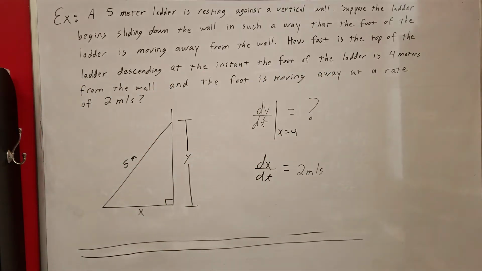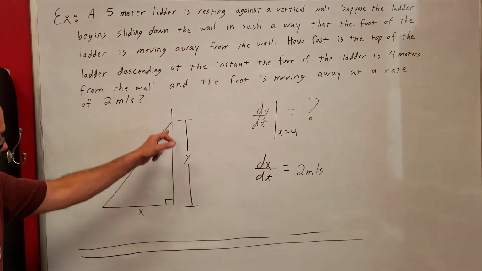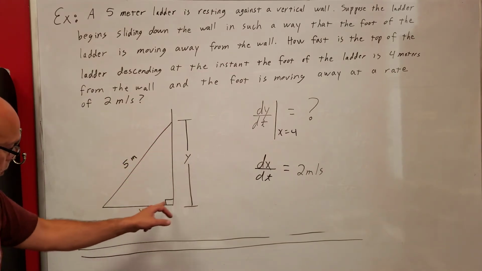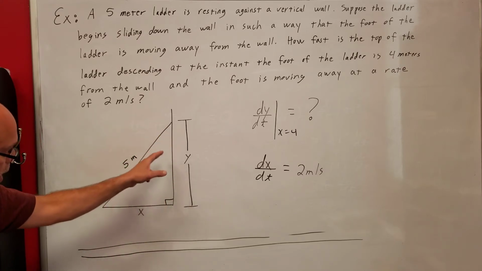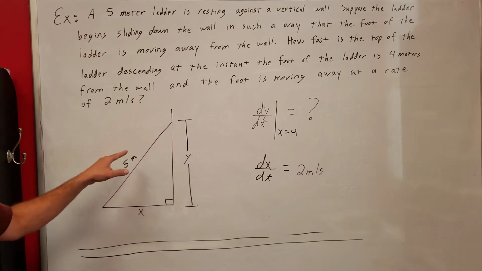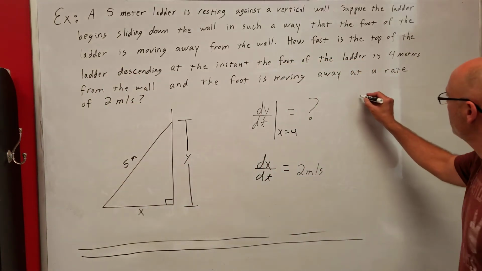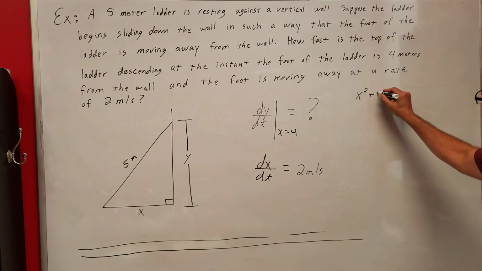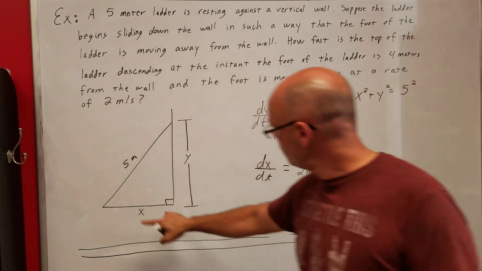It's a right triangle; the length of this side is x, the length of that side is y, and I know the length of the hypotenuse, so it's like the Pythagorean theorem. We can say x squared plus y squared is equal to 5 squared, according to this right triangle.